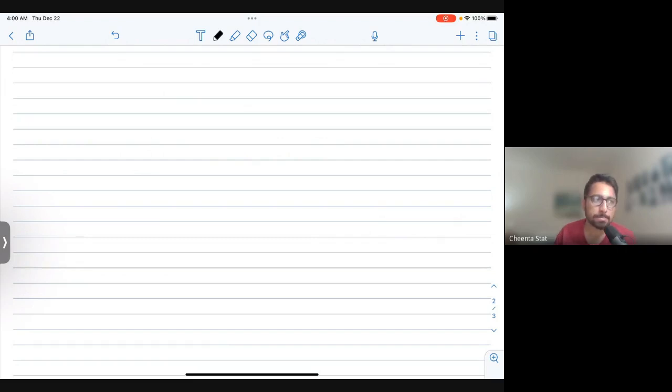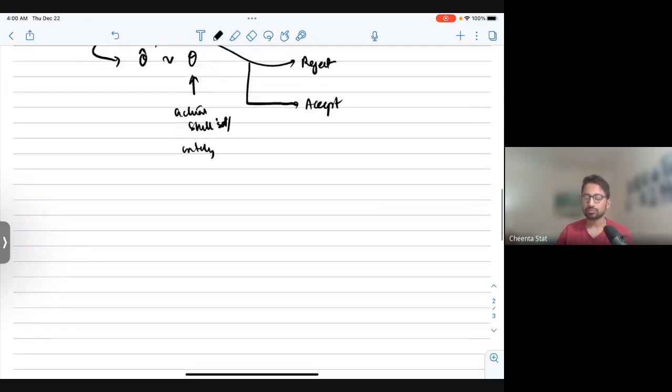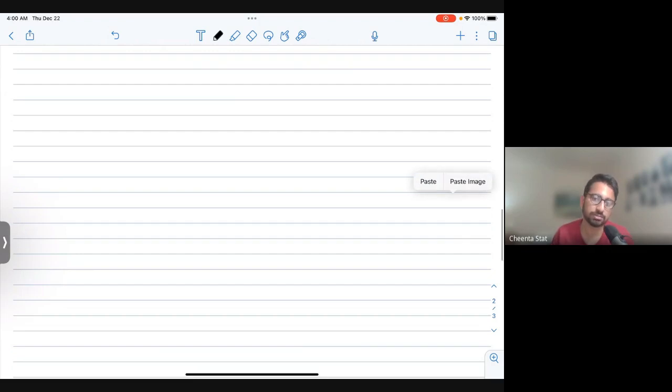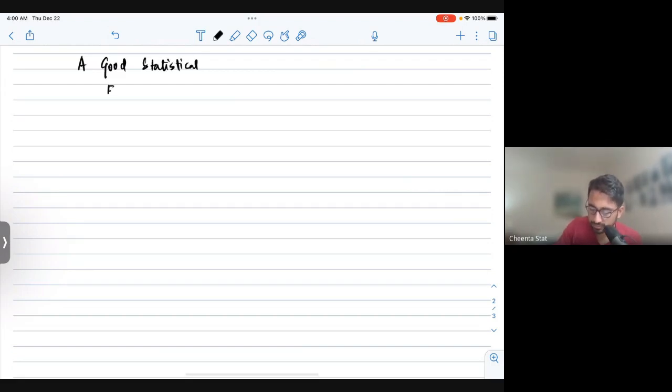So the question is, what is the relationship? You will not see a relationship unless you take the best possible testing of hypothesis scenario. A really good statistical estimate of theta has an intricate relationship with a good hypothesis test.